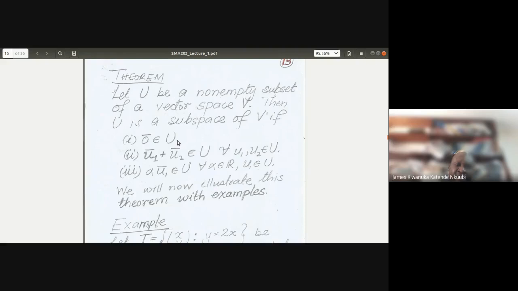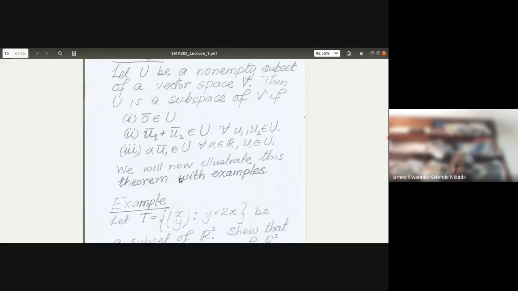Now, if even just one of these properties is not satisfied, then the subset fails to be a subspace. So if you want to prove that a subset is not a subspace, you just need to confirm that one of these properties is not satisfied. You don't need to check all of them to disprove, but to prove, you must check all three.